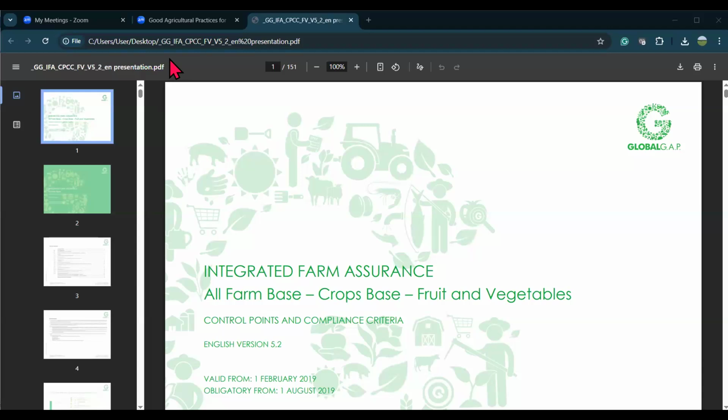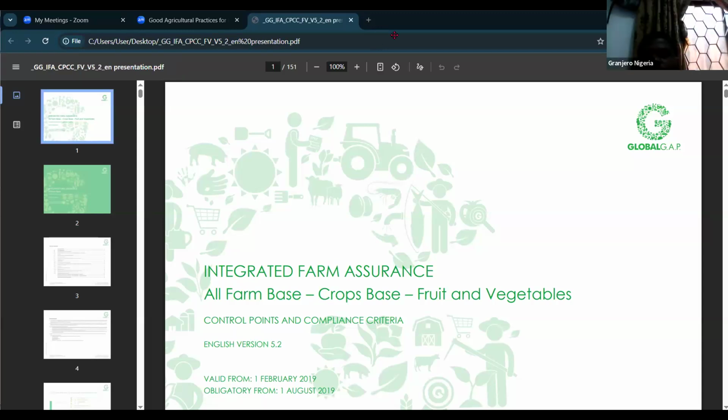It is understood that this document is supposed to be an overview of what is expected for you to have on your farm. I don't want to say comprehensive, but it is an overview document, because when you're trying to trade on a structured platform, it's expected.